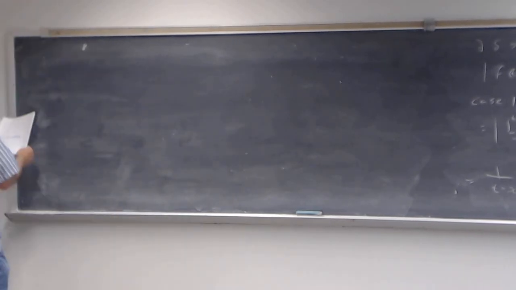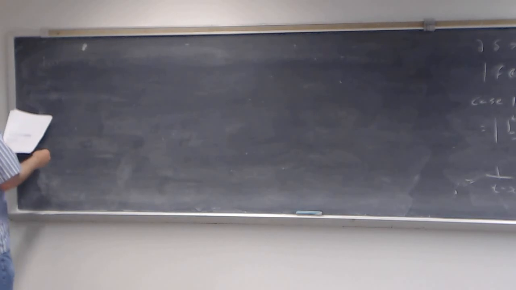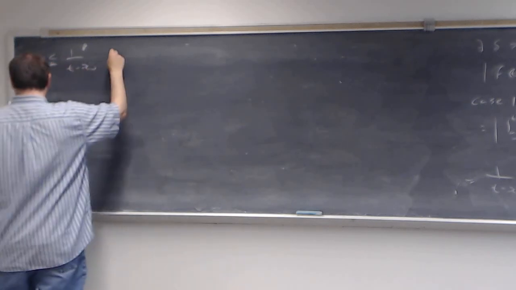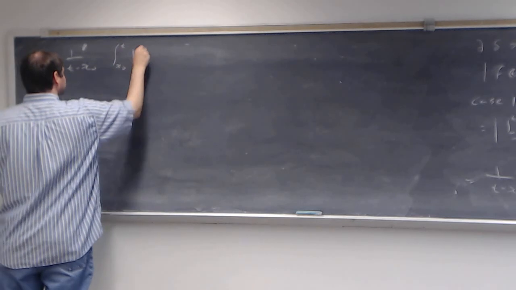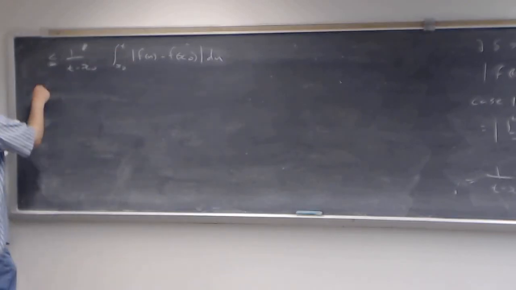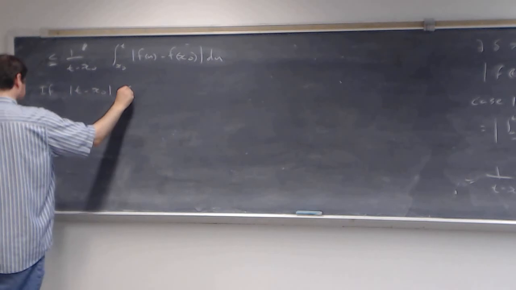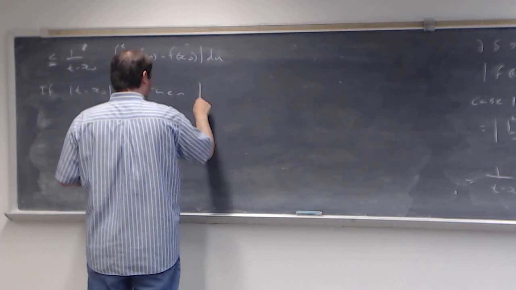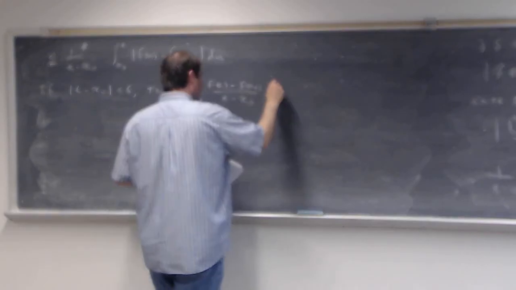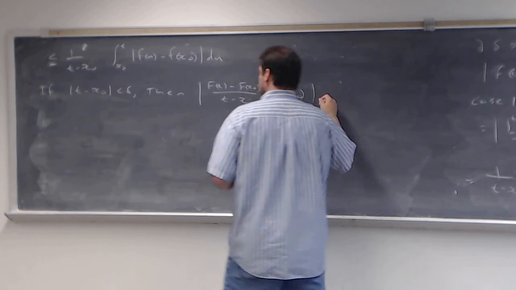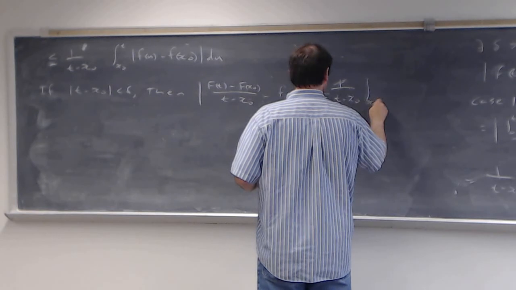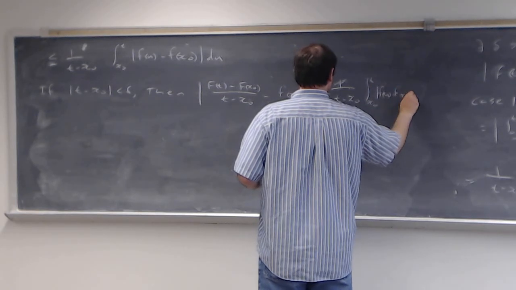Now we bring in the absolute values and say this is less than or equal to 1 over t minus x naught times the integral from x naught to t of the absolute value of f of u minus f of x naught du.